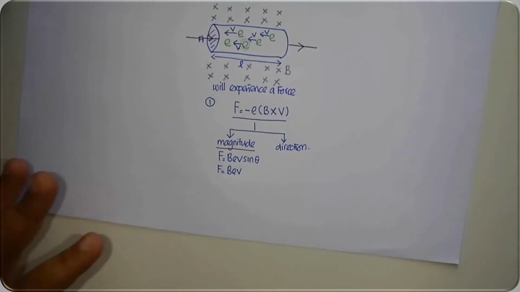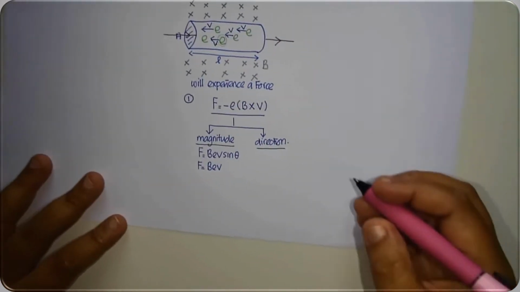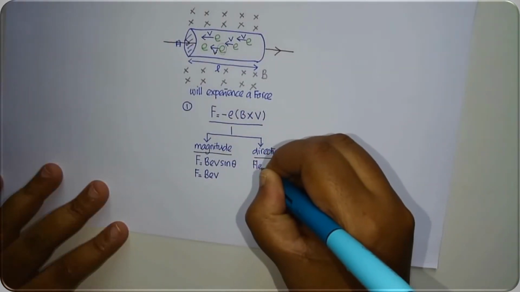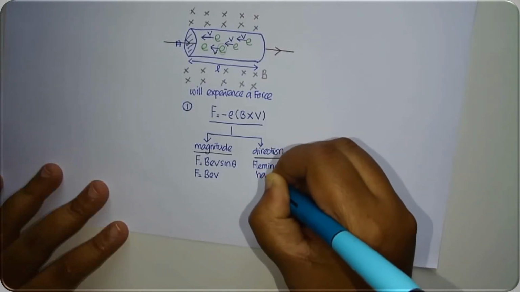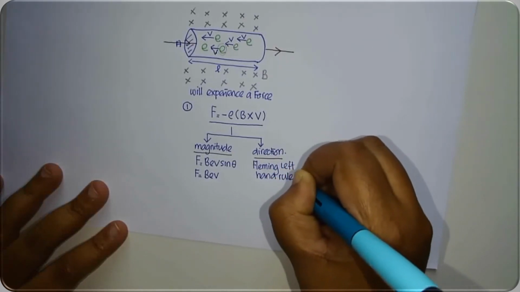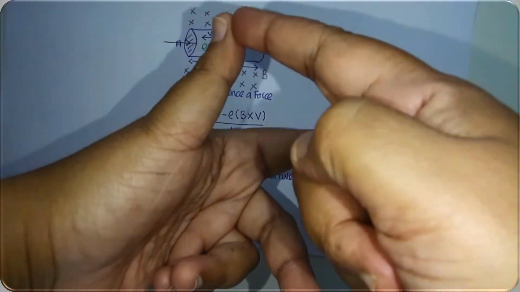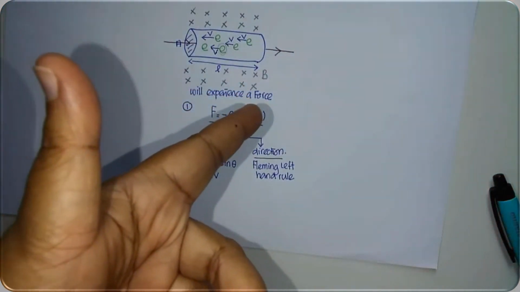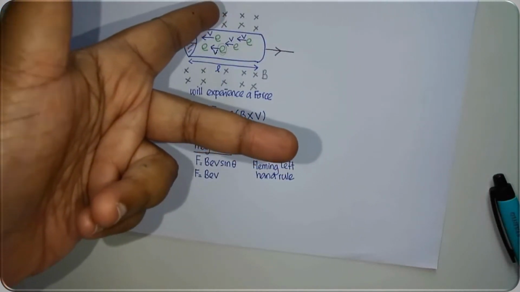Now, to determine the direction, I have to use Fleming's left hand rule. With our left hand, the thumb represents the direction of the force, the first finger represents the direction of the magnetic field, and the second finger represents the direction of the velocity.